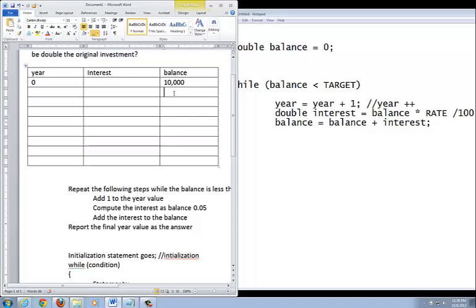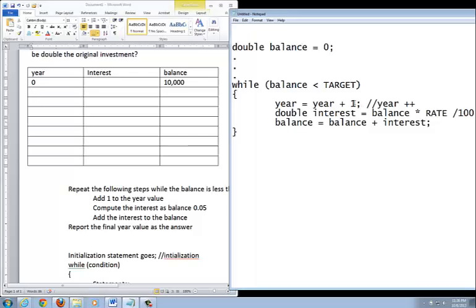Now the balance becomes what? Your balance becomes, if you plug this in and add the interest, basically $10,500. Once you click on it, you see your first-year iteration.